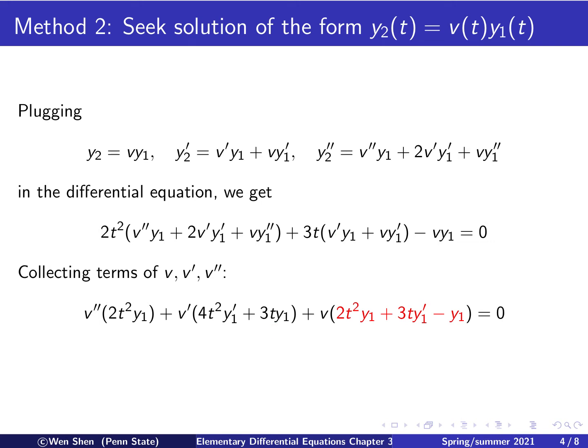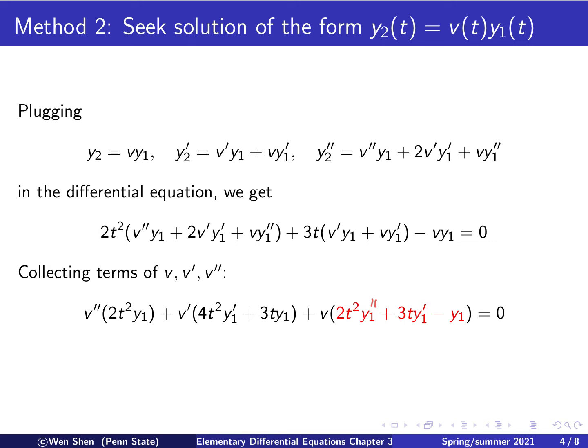And then let's collect the terms involving v. If I take out the v, then I get 2t squared y1 double prime, plus 3t y1 prime, and then the last one comes from here, I get minus y1.